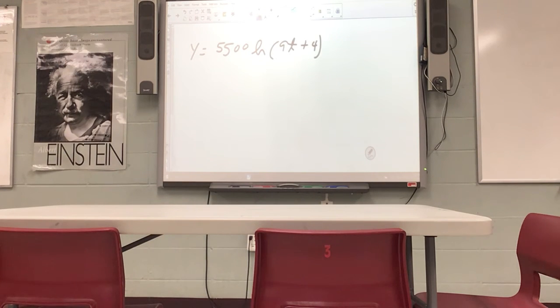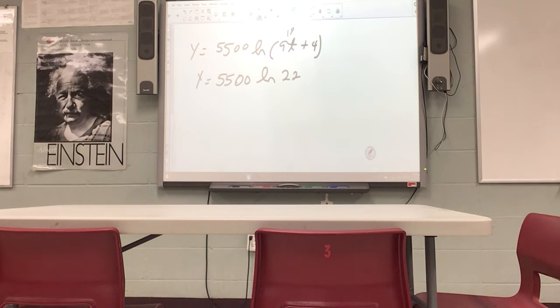Where y is the number of mowers sold, how many mowers will be sold 2 years after the model is introduced? So 2 years, I'll put a 2 in for T. So 9 times 2 is 18, so I got y equals 5,500, don't lose those zeros, that's important lawnmower stuff. 5,500 times the natural log of 22.